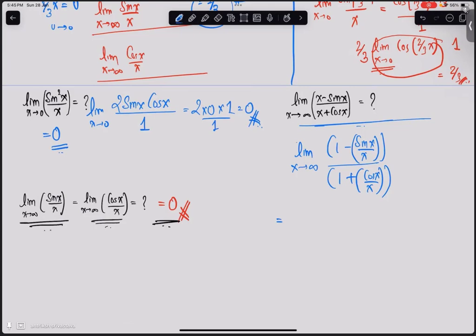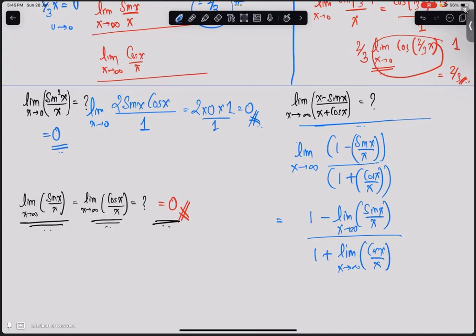So 1 minus, because it is a constant, the limit of 1 is going to be 1, whatever the value of x will be. So we can write this as 1 minus limit of x tending to infinity sin x by x, and 1 plus limit of x tending to infinity cos x by x.